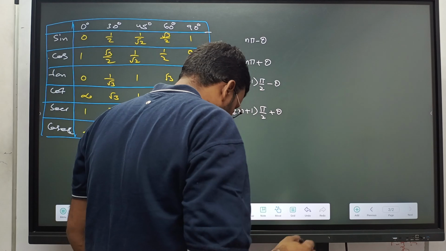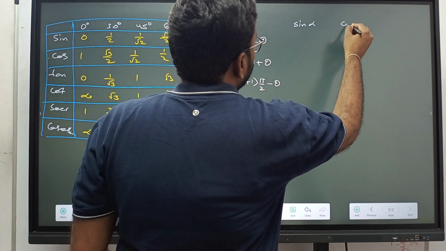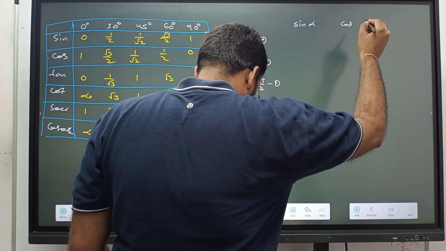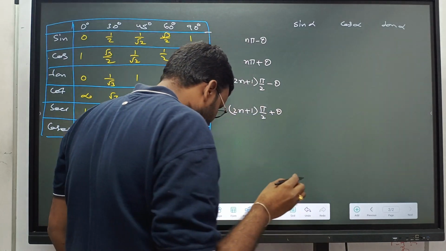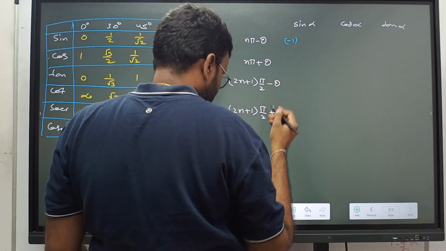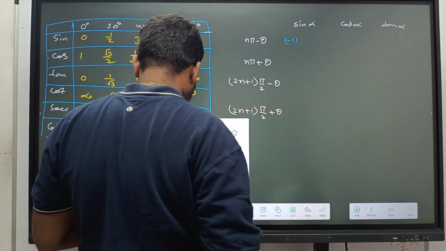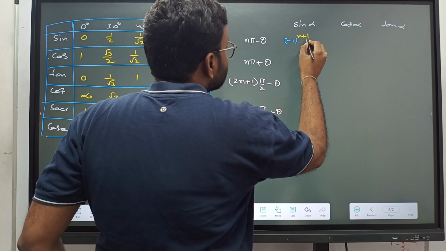And the ratios: sin alpha, cos alpha, cos alpha, tan alpha. For this, n pi minus theta, you will get minus 1 whole power n plus 1 sin theta.